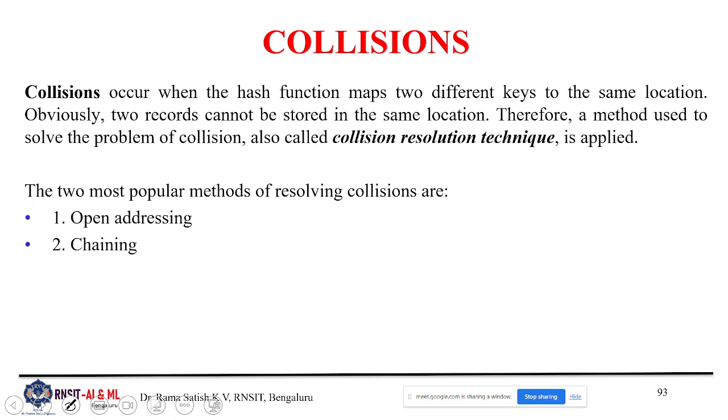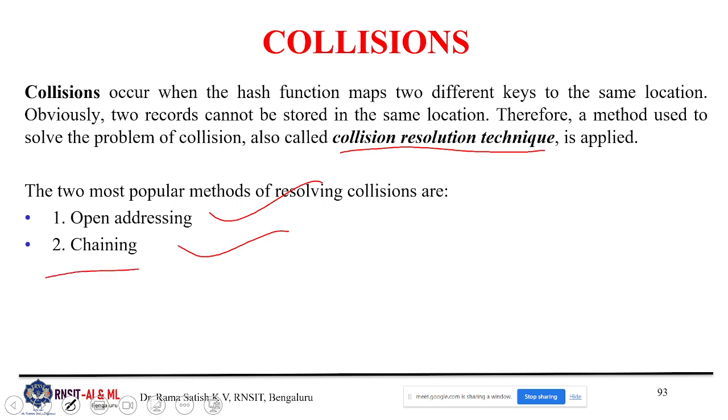And two records cannot be stored in the same location, so any one has to be stored. Therefore, we need to devise a method that is used to solve the problem of a collision. This is called collision resolution technique. There are two popular collision resolution techniques: one is open addressing, another one is chaining.